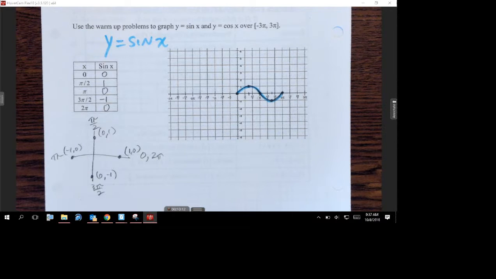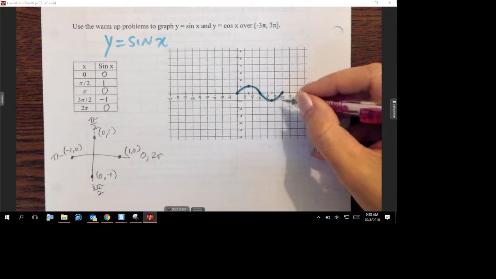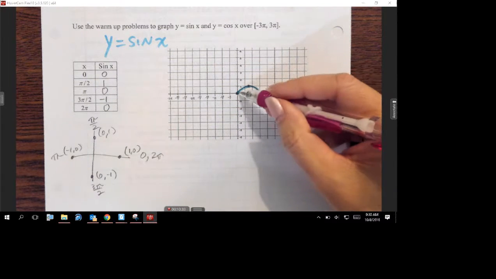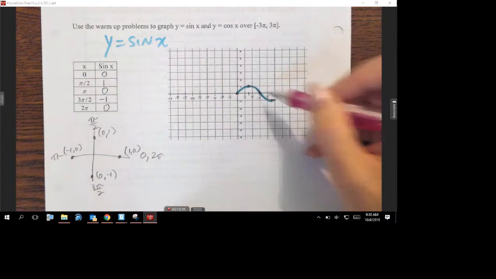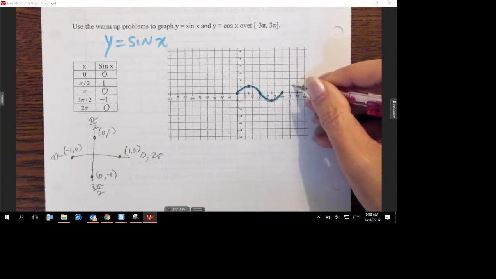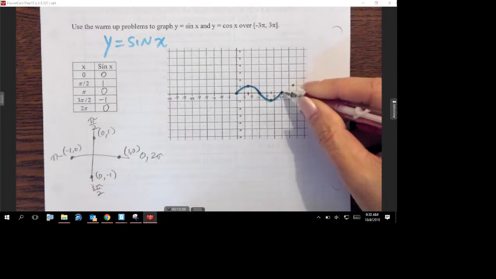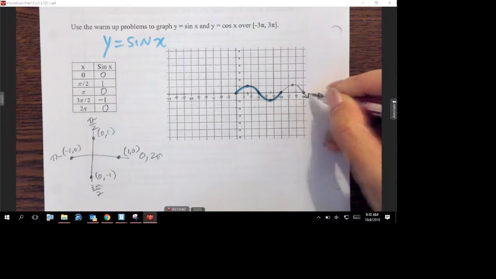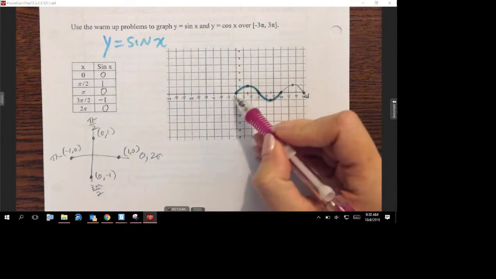You will continue this pattern all the way off the graph. I will be looking that you know how to do one cycle, but that you can also follow a pattern and finish. When I evaluate and assess you, I want to see that you can follow the pattern and keep going. So I'm just going to keep following this pattern since I went 0, 1, 0, negative 1, 0. Now I go to 1, then I go to 0 again, and then I ran out of graph space. So I'll put an arrow and go the other direction.